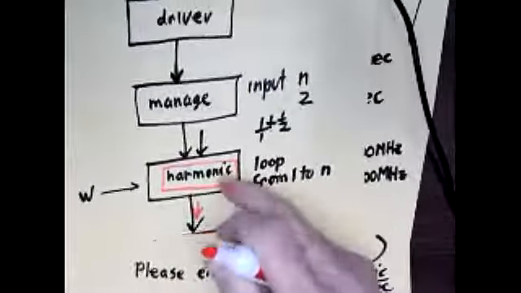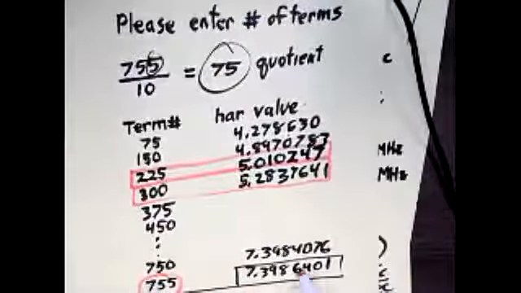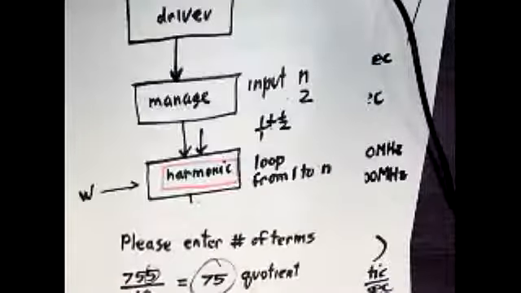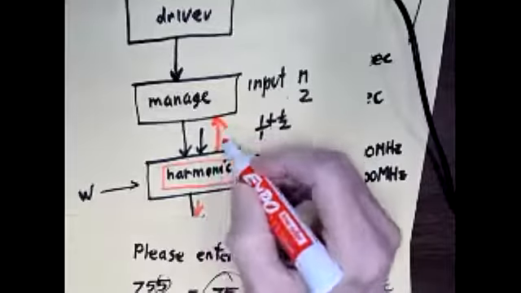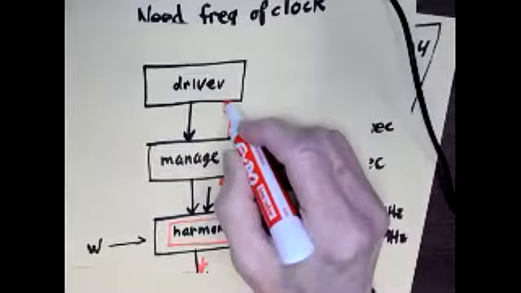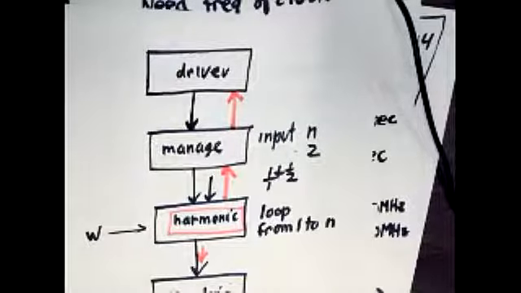When this one is done and it's completed the last calculation, number 755, and here's the answer, then this one returns that answer back to here, and eventually this one sends it back to here, which outputs the harmonic number. Got all that? Well, that's the walkthrough. It took us an hour. Anybody have a question? The lecture part's coming to an end.